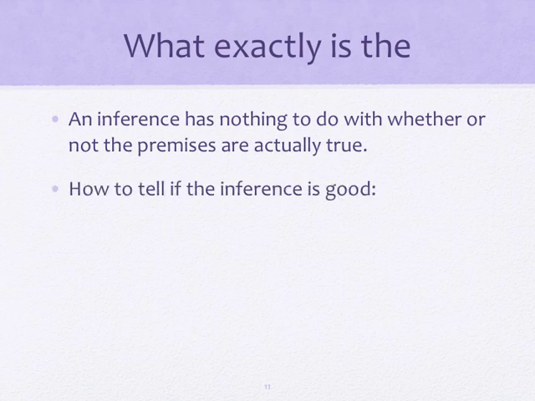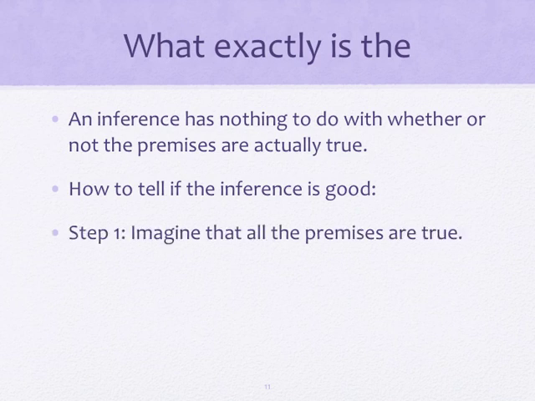So how do you tell if it's any good? Well, here's a simple two-step procedure. Step 1, imagine that all the premises are true. If they're not, then imagine, well, what if they were true? So if your premise is, I live in California, okay, great, it's true.